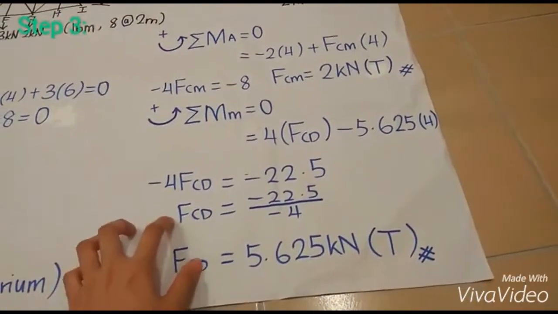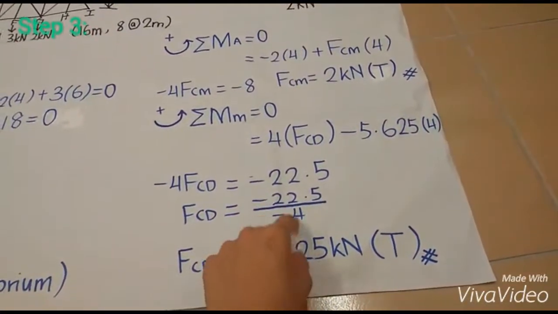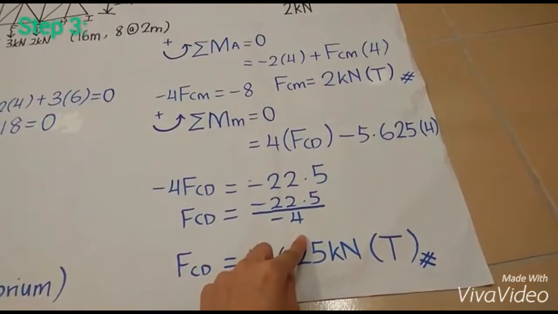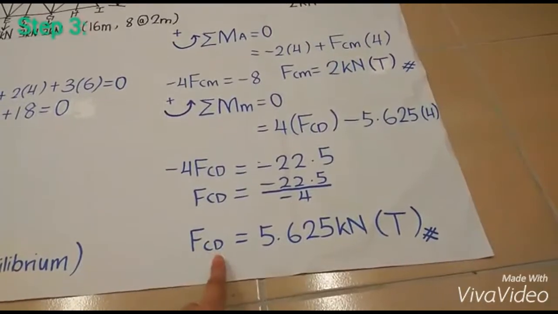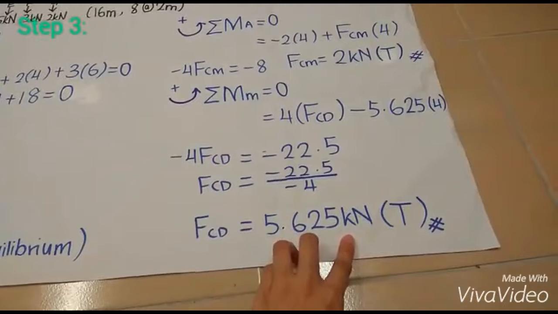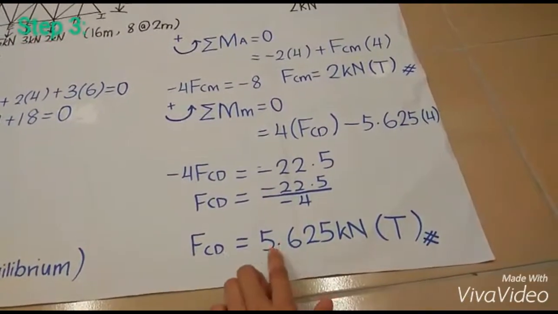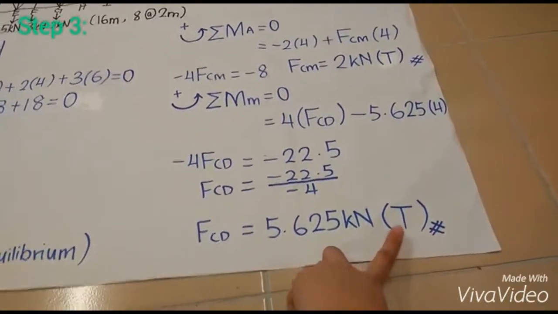Then we bring negative 4 to the other side by dividing negative 22.5 by negative 4. And lastly, we get the answer for FCD, which is 5.625 kilonewton, and it is tension because 5.625 is positive. Tension is positive.